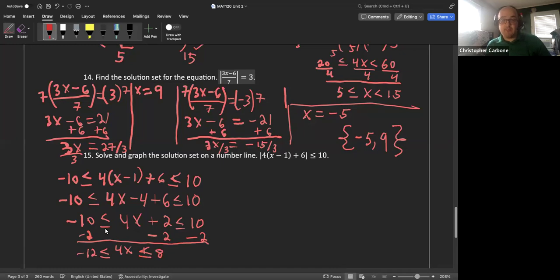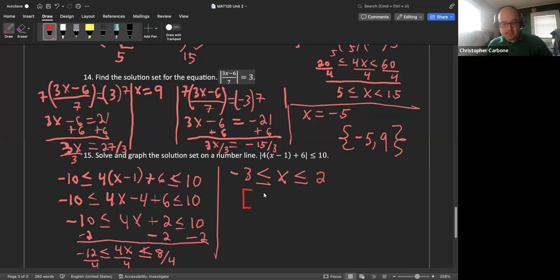And now we could divide by 4 on all three sides. So negative 12 divided by 4, this is negative 3, is less than or equal to x, which is less than or equal to 2.